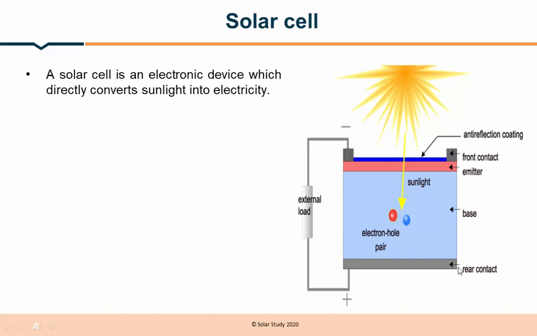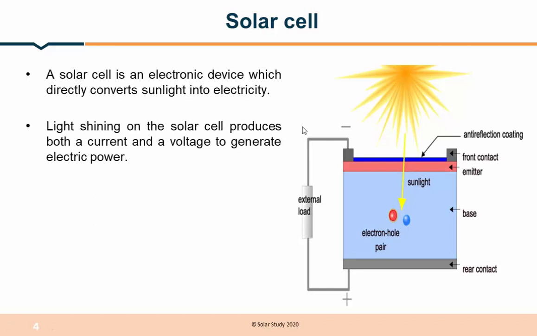In order to get the contact outside, where I can put some terminal, I will get the voltage through that contact. This contact is for the positive terminal, and the front contact is the negative terminal. And to remove dust particles, we require a coating called an anti-reflection coating that we have to put. This is the basic layer of the solar cell.